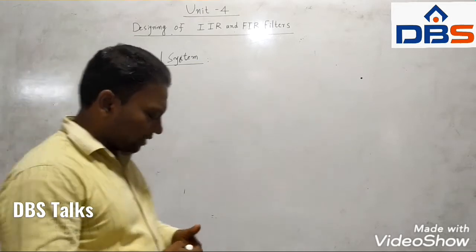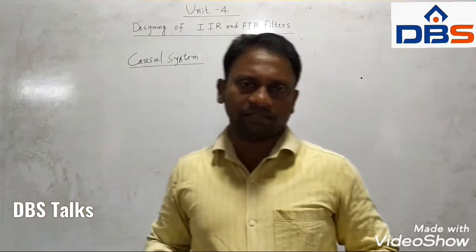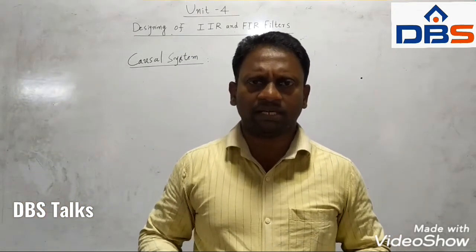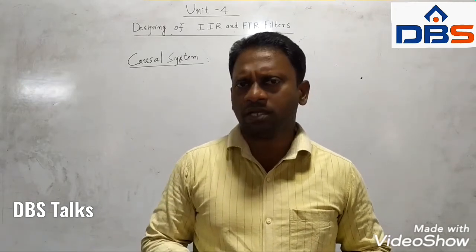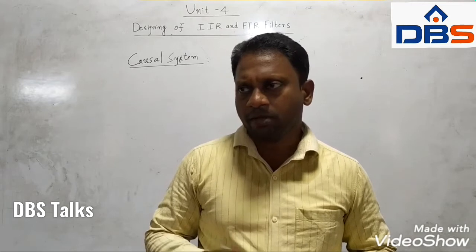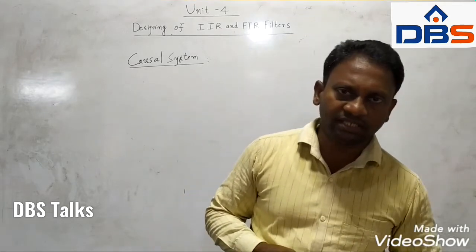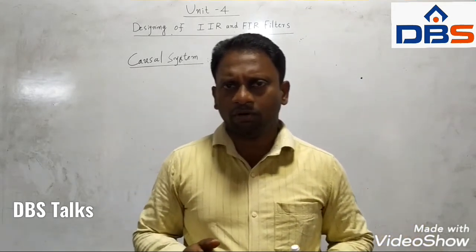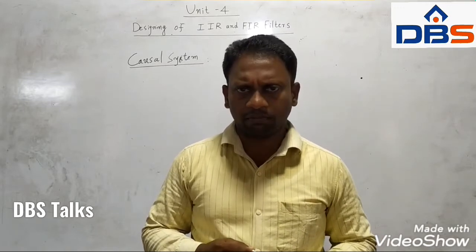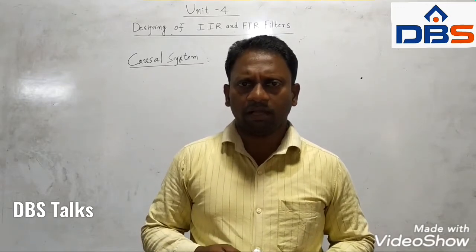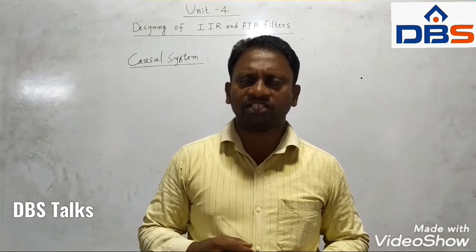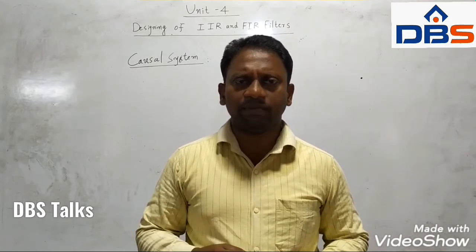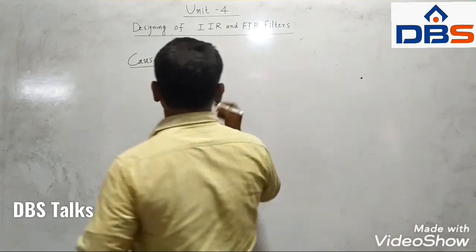Causal system means for any system, maybe discrete or continuous, but now it is relevant to discrete time systems. If the impulse response is 0 for negative values of n, then we say that it is a causal system.